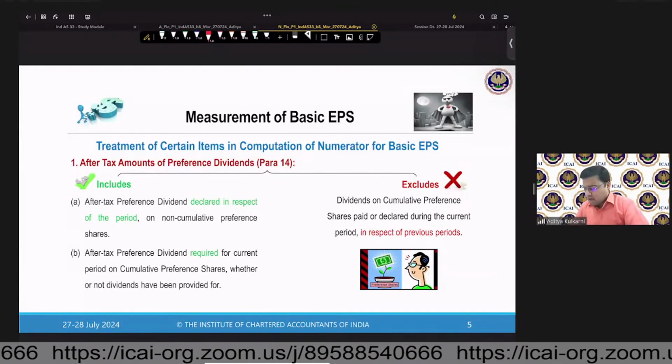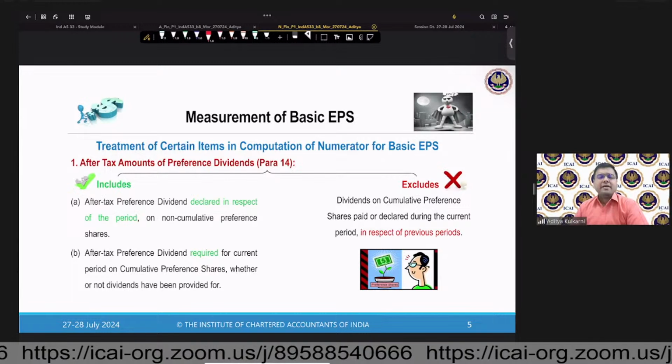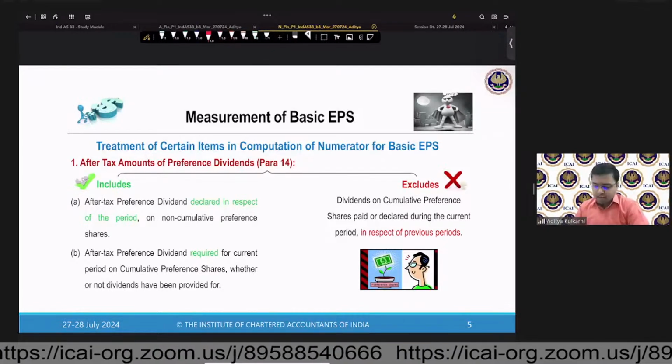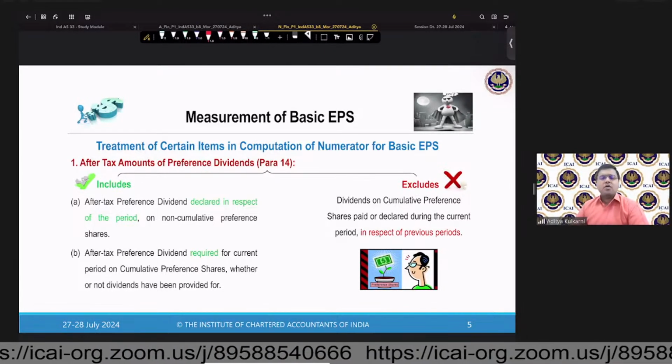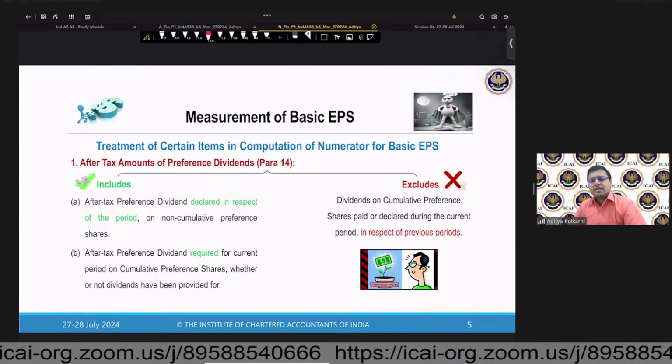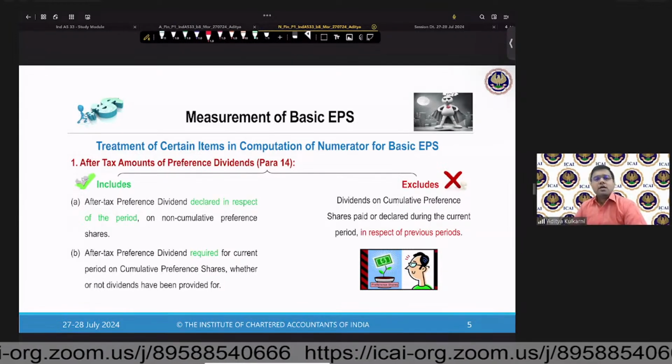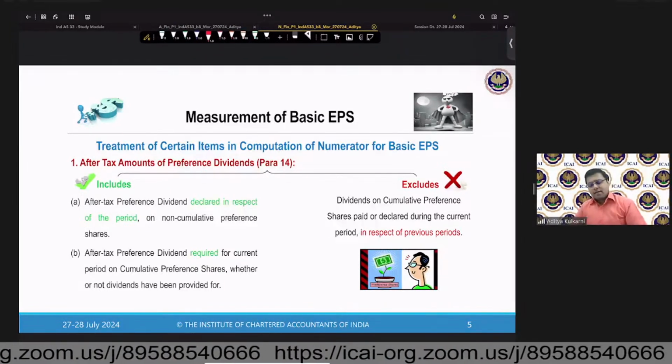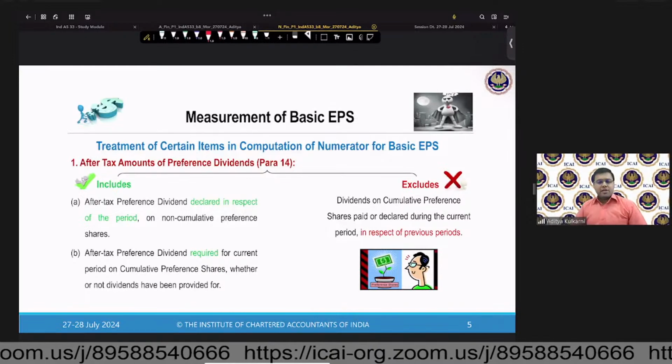So when we talk about number of shares, we basically mean the weighted average number of equity shares. Why weighted average? Why not just a simple number? Because there could be certain buybacks or fresh issues that could have happened during the period.